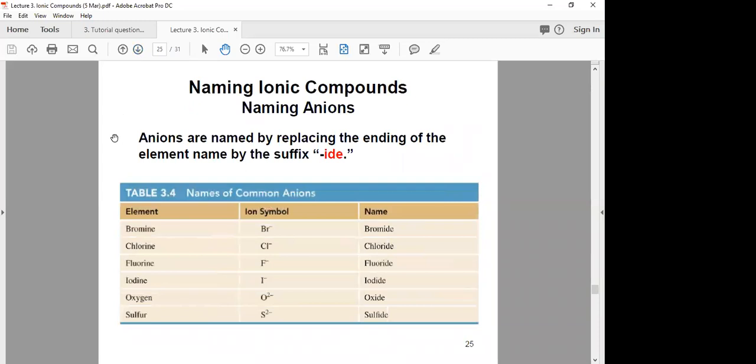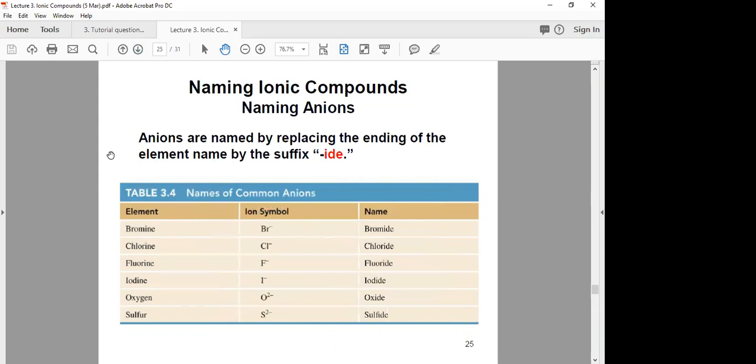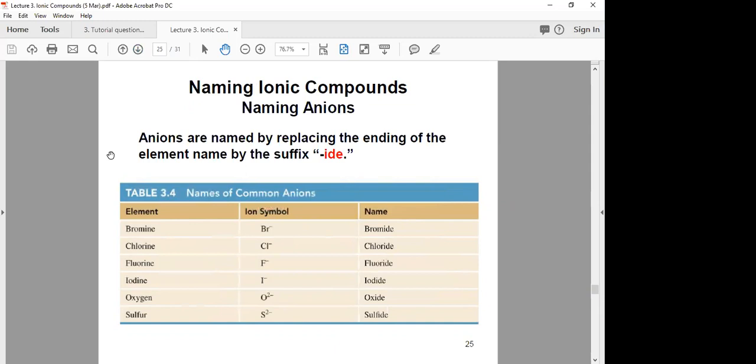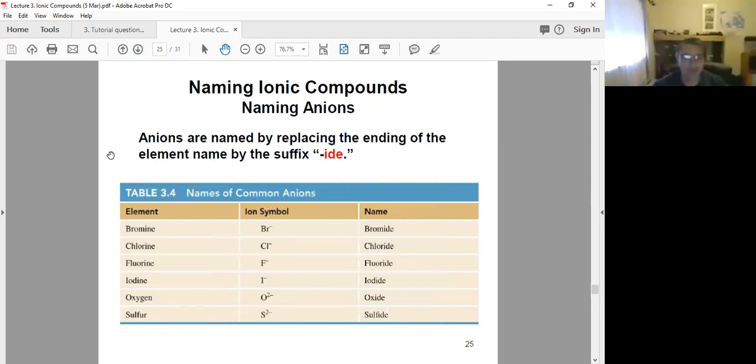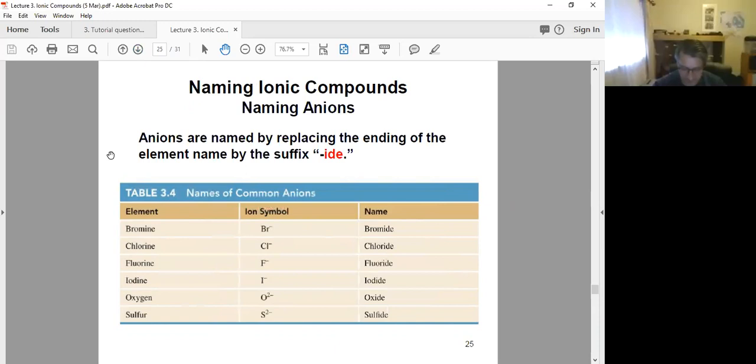You've never heard of it before? No, not referred to in that way. It's probably not a common one to be referred to in that way. Yeah. But you will see, particularly with iron, with the Fe, that it is very commonly referred to as ferric and ferrous. So it really just depends on the element itself, as to how it's commonly referred to.